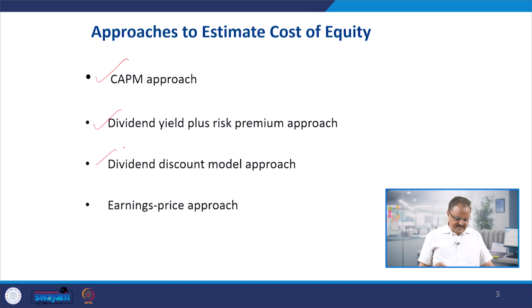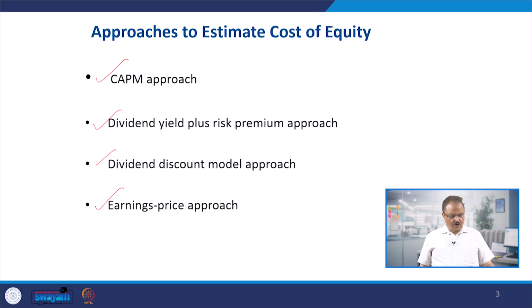Then the next one is the dividend discount model approach, and the last one is the earnings to price approach. So four ways are there, four methods for calculating the cost of equity. You can call them methods, ways, or approaches.